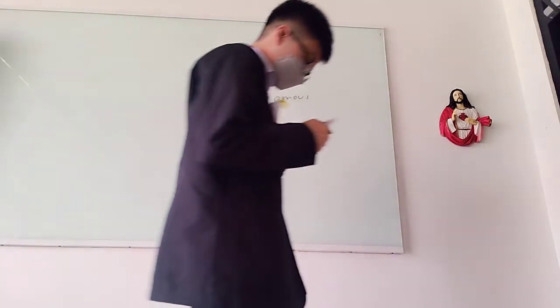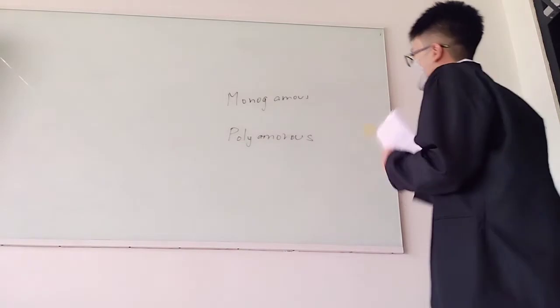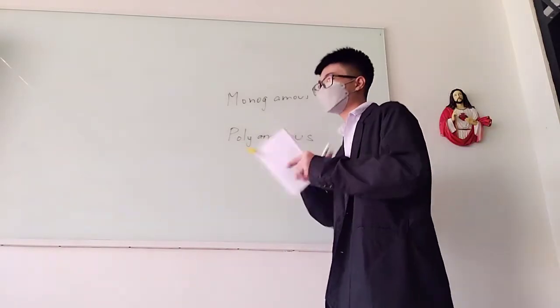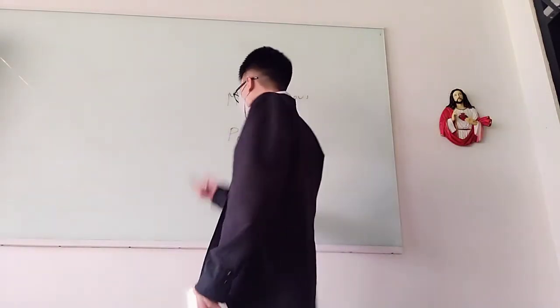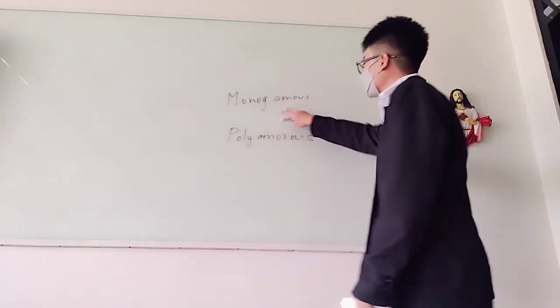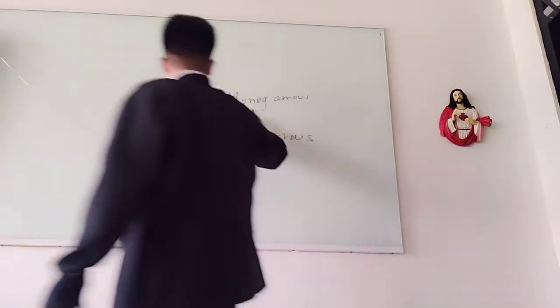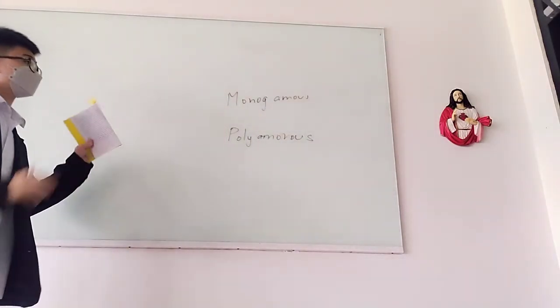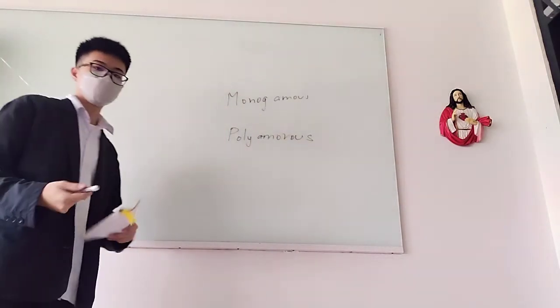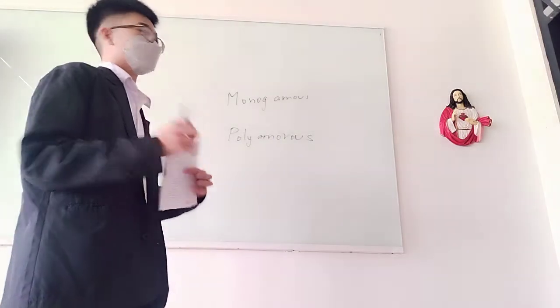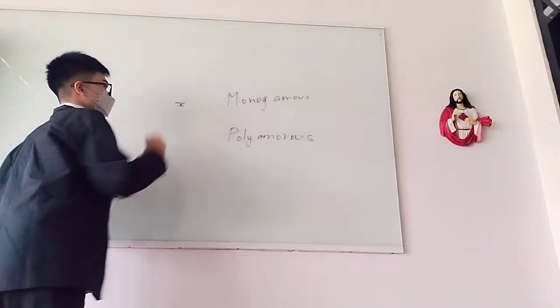Monogamous is basically just two people in the relationship. Polyamorous is multiple people in the relationship, more than two. Like how mono here can be an allusion to a monomial, which is a mathematical expression that only contains one member inside it, such as just x.